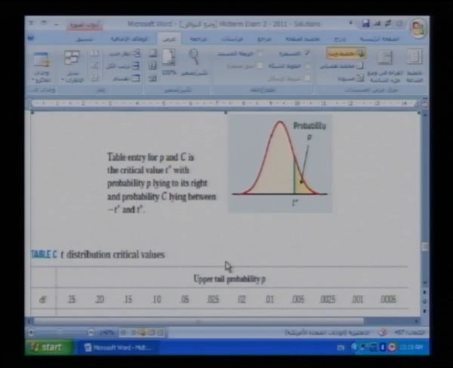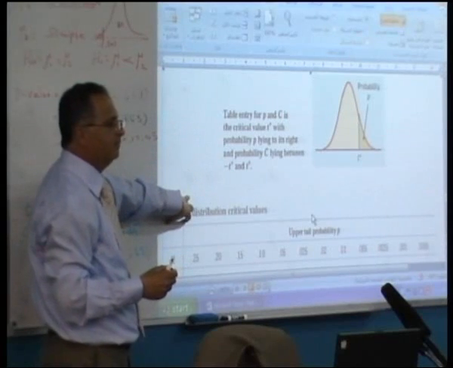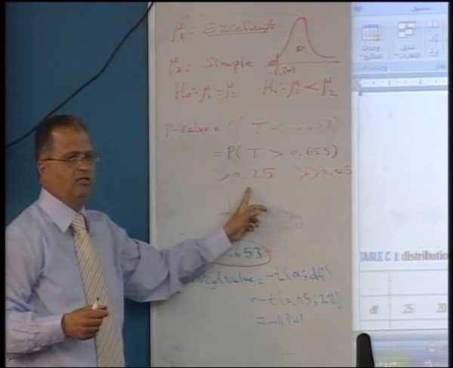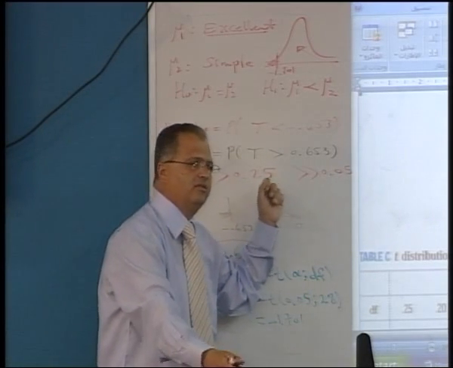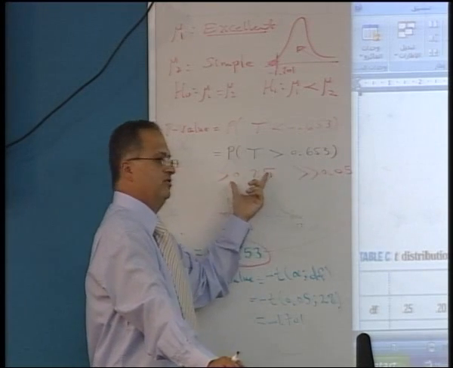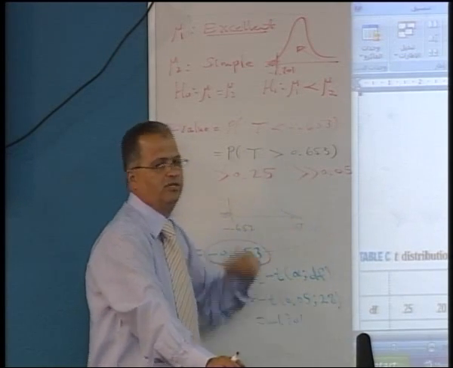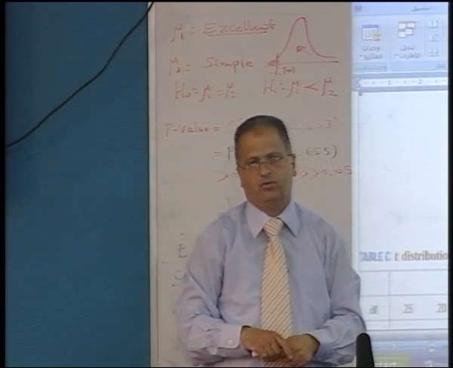So this probability is the same as P of t greater than 0.653. So by using this table, you will get the approximate value of p, which is greater than 25%. Always, as we mentioned, we reject the null hypothesis if my p-value is smaller than alpha. In this case, this value is greater than alpha, so we don't reject the null. So we reach the same decision as by using the critical value approach.